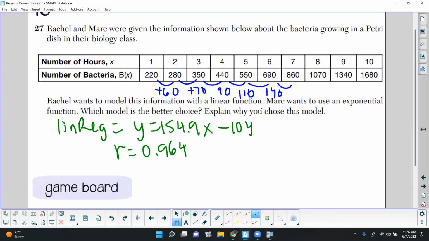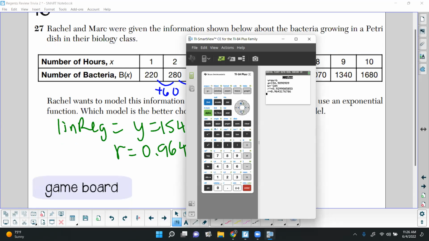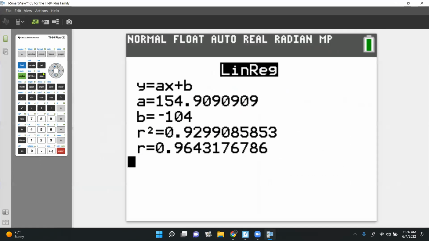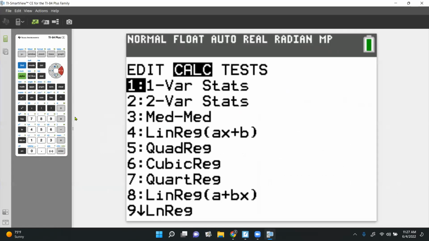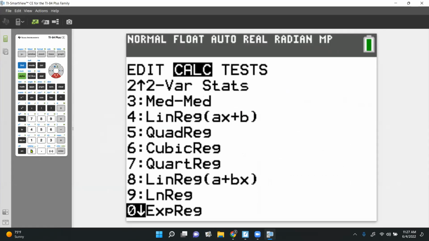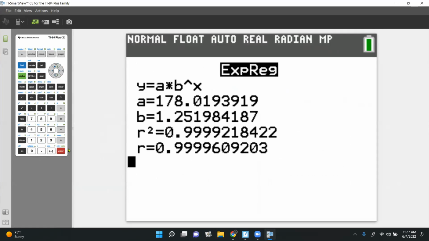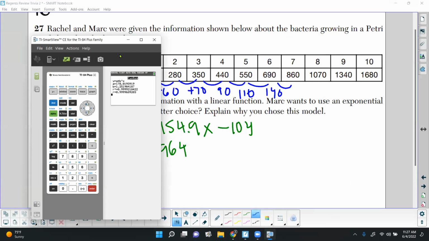And now, Mark wants to do exponential, so I go back, stat calc, exponential reg is off the screen, it's 0, but I'll arrow down so you can see it, otherwise you can just press 0. Ooh, look at that. Hopefully you're writing it down in the correct format.